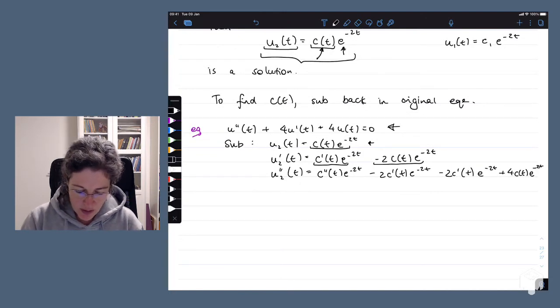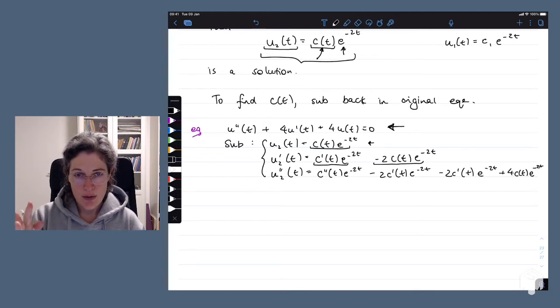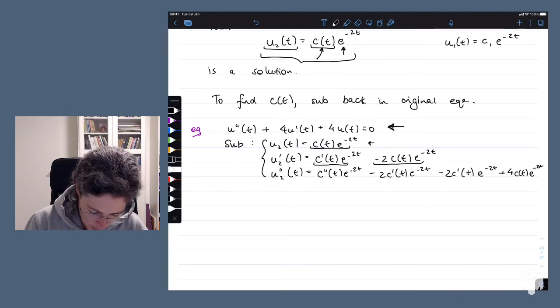Okay, so now we can take all of these and substitute them into our differential equation. And basically what we're going to do is set that equal to 0 and then find the c that makes this true. So here we go. I've got to plug in for this.